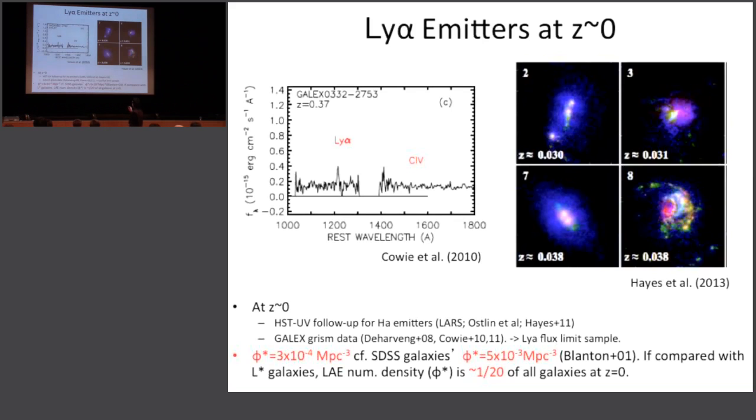Then I move on to the Lyman-alpha luminosity function. Matt Hayes nicely talked about the redshift zero Lyman-alpha emitters, as you learned. This is the great HST sample showing the great morphological information.